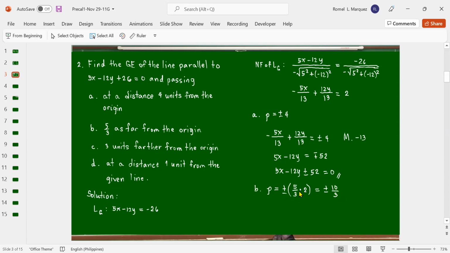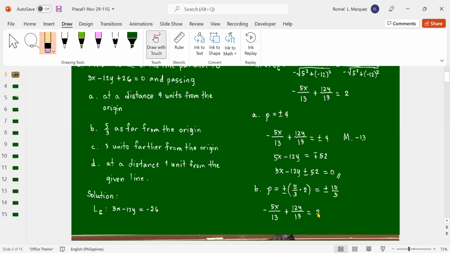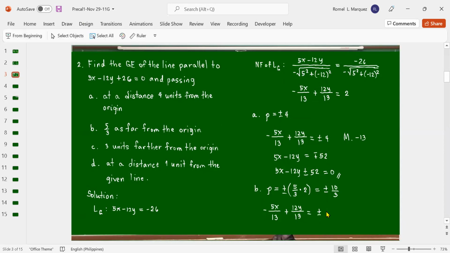Okay? So we have this left side and we just change the right side. So the right side is plus or minus 10/3. So multiplying by 39 negative, am I right?